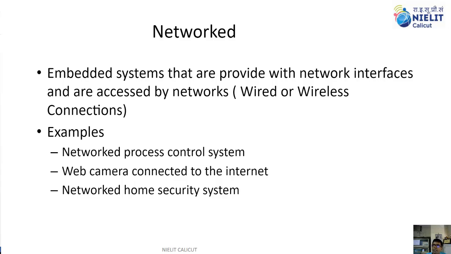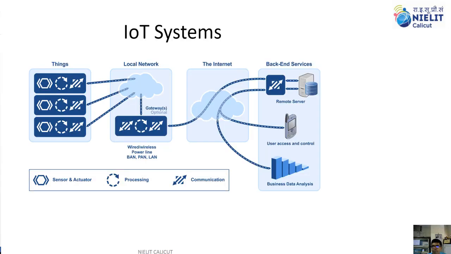And similarly, there are wireless sensor network applications, networked process control systems, web cameras connected to the internet that we access via the internet, and similarly home security applications, etc. So the device or the system can be accessed via network. It may be through TCP/IP or maybe a third party wireless network like Zigbee, LoRa, etc.